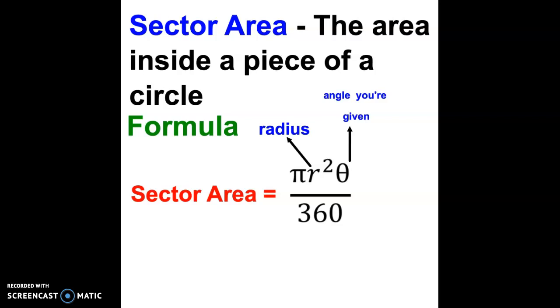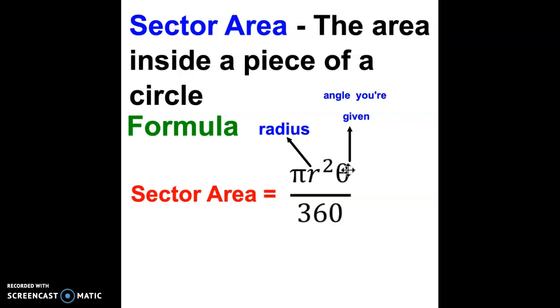So here our formula for sector area is sector area equals pi times the radius squared times theta divided by 360. So in this formula, r stands for the radius and theta is the angle that you're given.